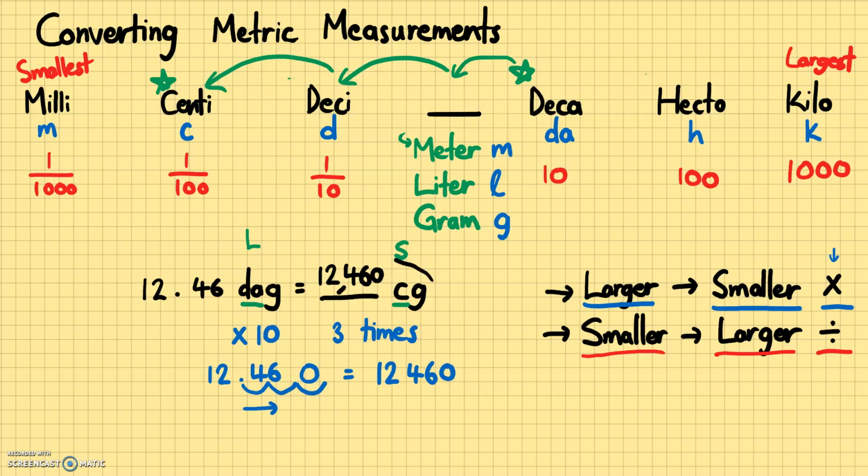So I encourage you, when you start converting metric measurements, to write this chart at the top of your notebook or your textbook. It's going to make things so much easier. When you do write this chart though, do not forget to also include this blank spot, the spot where there are no metric prefixes, because this spot matters when you're counting off how many times you need to go over to the next prefix.